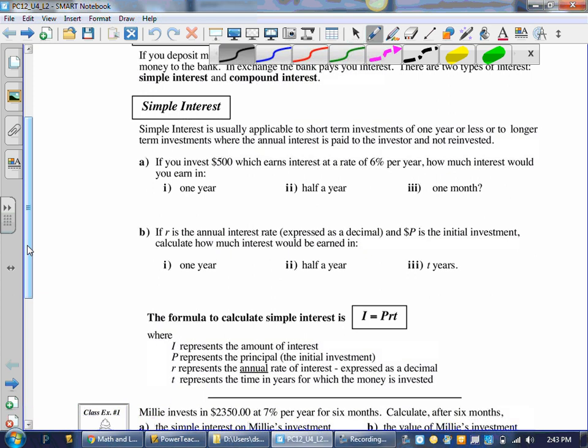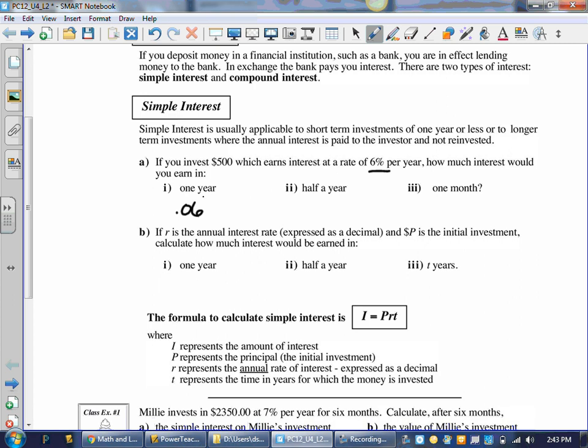So, meaning, if you invest $500, which earns interest at a rate of 6% per year, how much interest would you earn in 1 year? Well, we would go 0.06, and we would multiply that by 500, and you would discover that that's 30 bucks. So you would earn $30 interest if you invested $500 for a year.